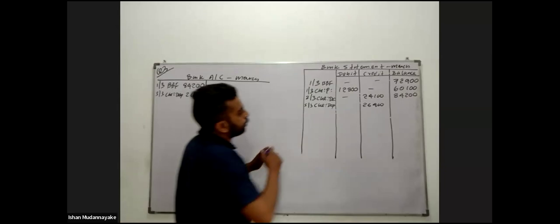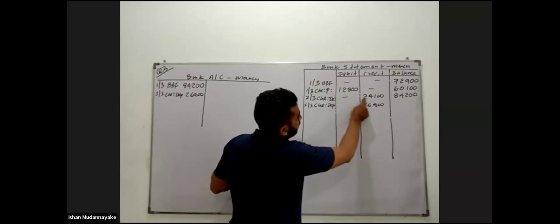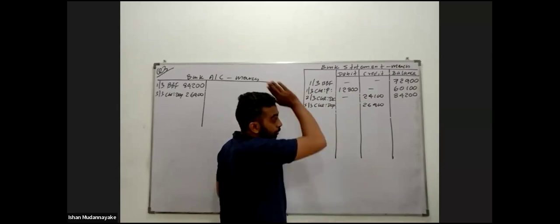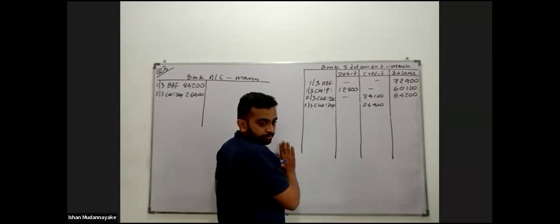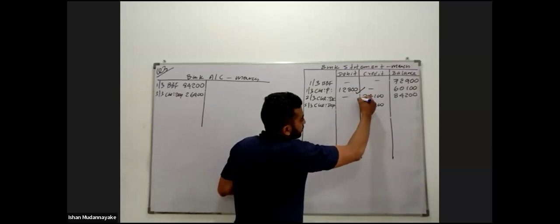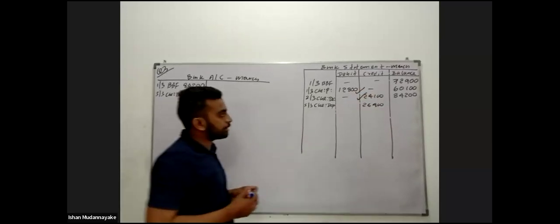No need to record these two checks in the reconciliation or bank account. Lastly, you have recorded them. Therefore, no need to record these two checks in the adjusted bank account.